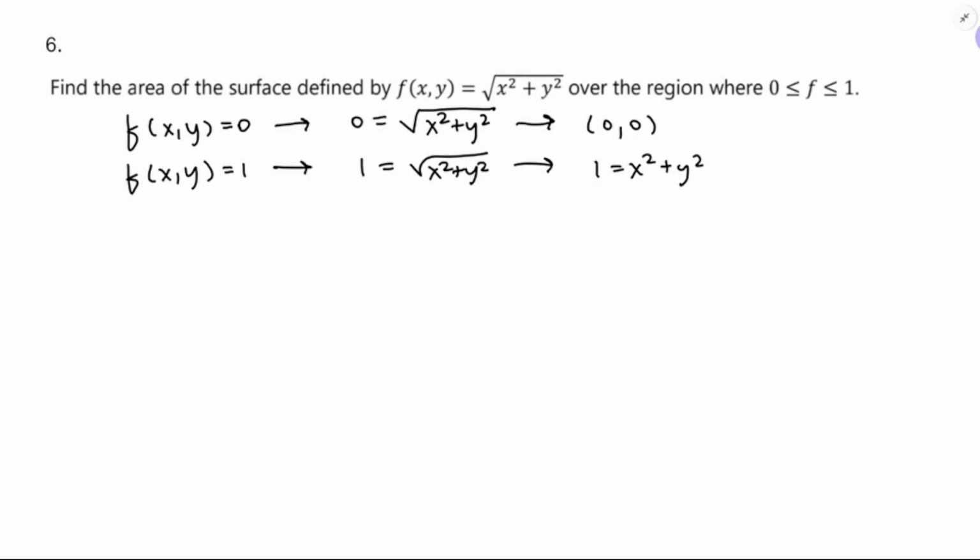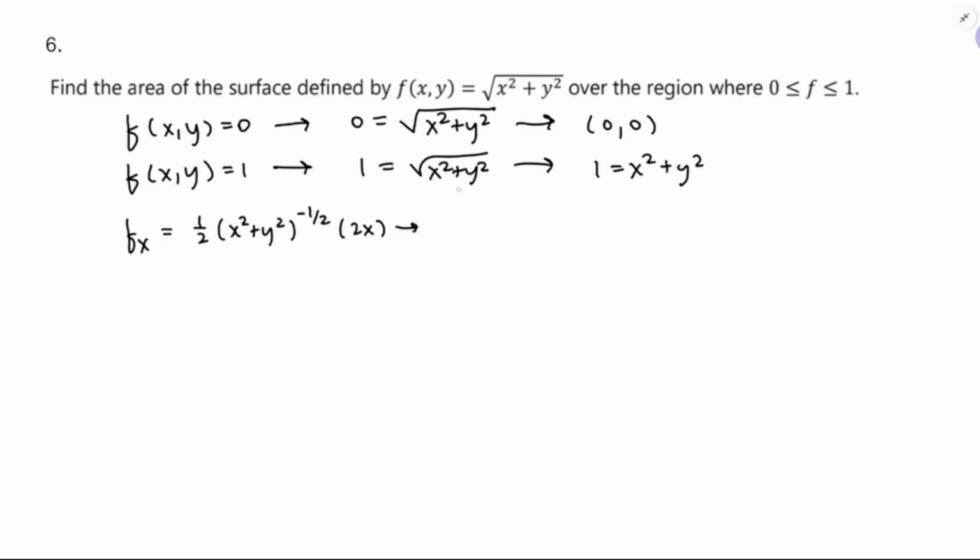These partials might be a little bit more annoying. fx is going to equal 1/2 times x squared plus y squared to the negative 1/2 times the derivative of the inside with respect to x, which would be 2x. And I know I'm going to need to convert these to polar because I've got these circular regions, these x squared plus y squareds.